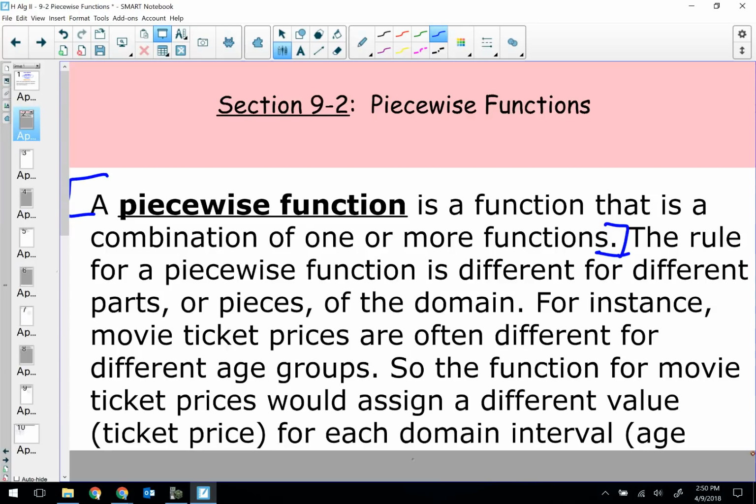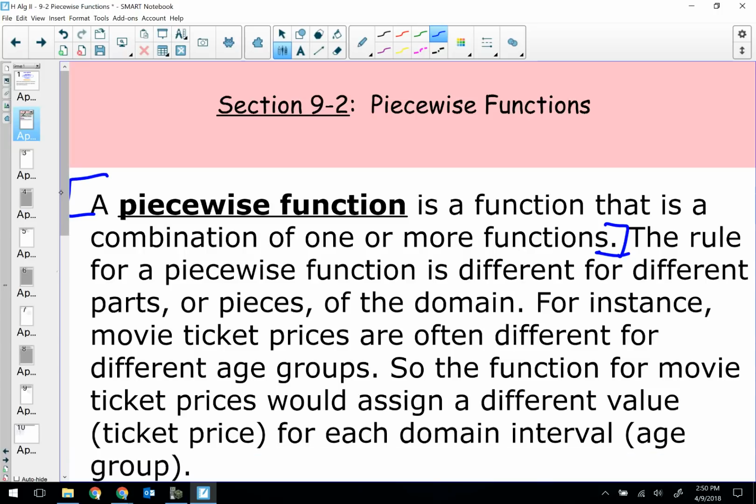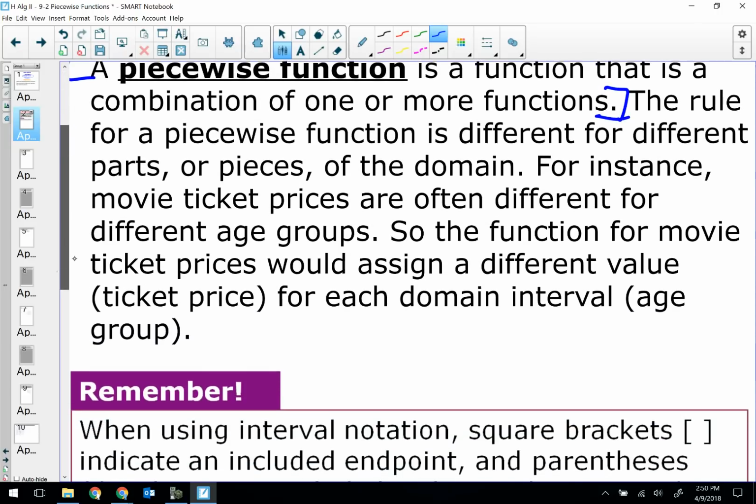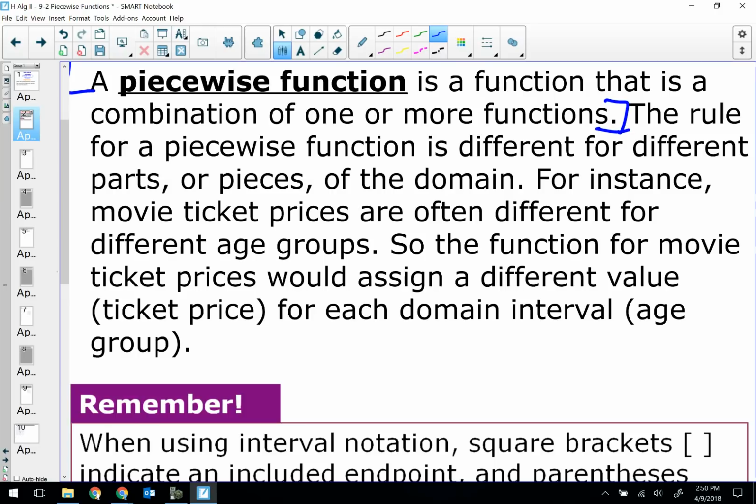Think about the movie ticket example the book gives here. For instance, movie ticket prices are often different for different age groups. So the function for movie ticket prices would assign a different value for each age level, right? I don't know if movie ticket prices do this anymore, well, maybe they do. But if you're under a certain age, then you may cost less.